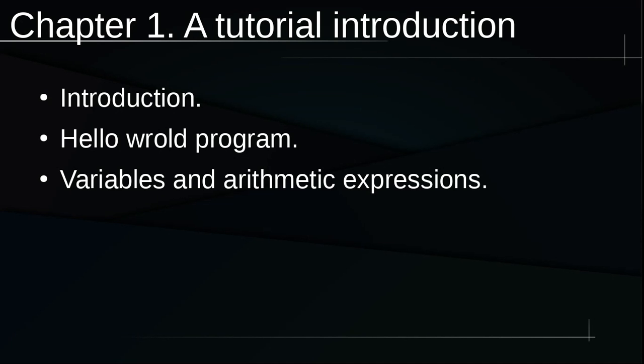For example, if you have a dictionary and you want to search for a word, the computer goes through that whole dictionary within a very small amount of time, which would be impossible for humans, and it gives you the definition of that word. Like that, we would be giving instructions to the computer and the computer executes those instructions.